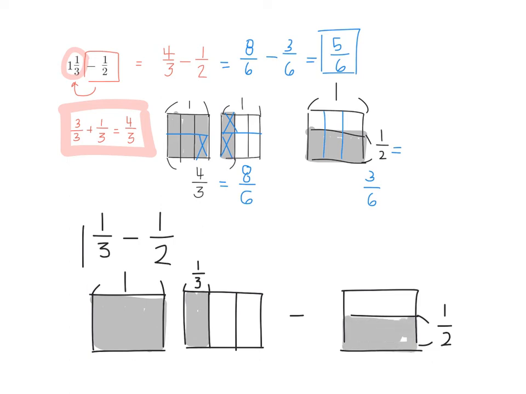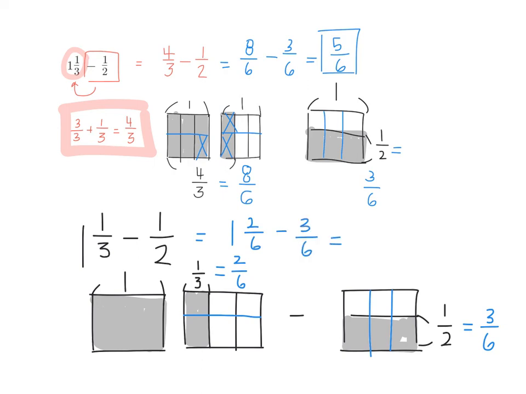Okay. Now, if we keep the whole number a whole number for now, still one whole, and I overlap these ones, I can see that 1/3 is equal to 2/6 and 1/2 is equal to 3/6. Do you guys agree? So if I rewrite the problem, I have 1 and 2/6 minus 3/6.